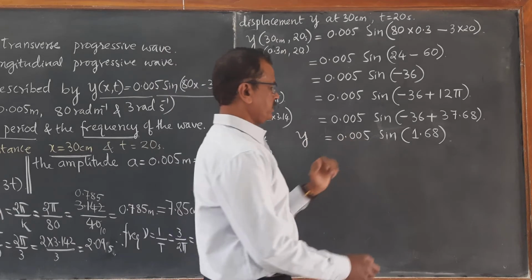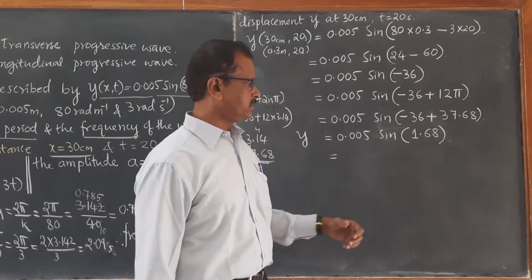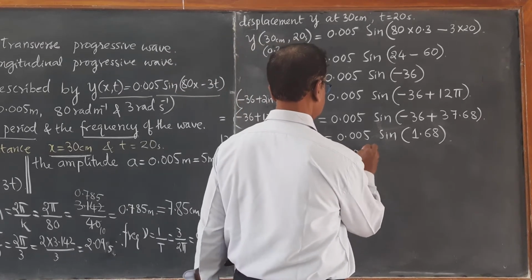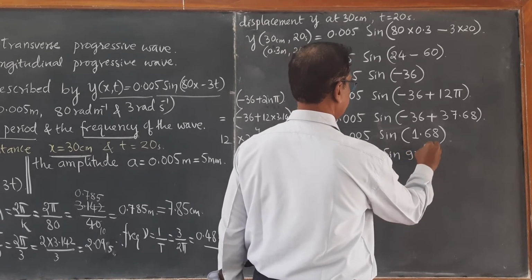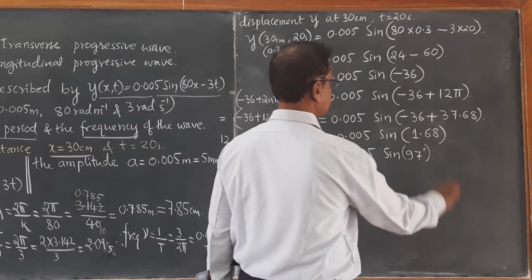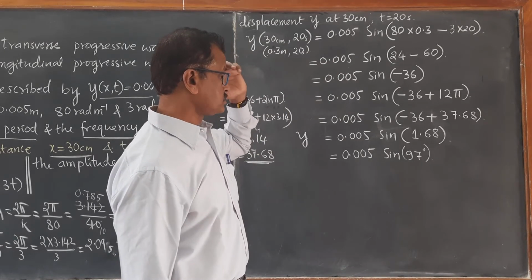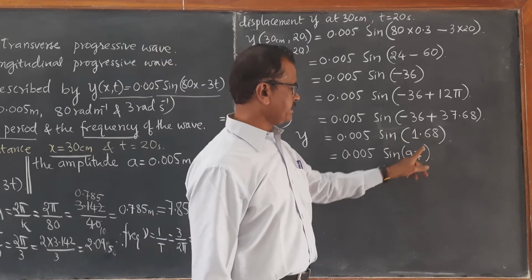So if you actually calculate this using the calculator or table, it comes out to be 0.005 sin 97 degree.